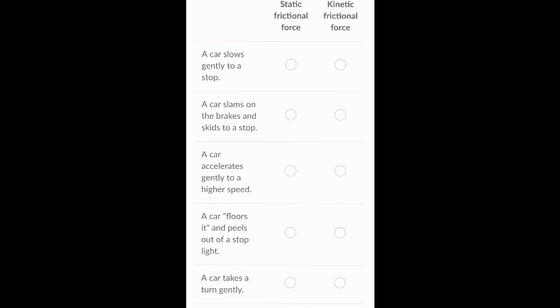Third, a car accelerates gently to a higher speed. Fourth, a car floors it and peels out of a stoplight. Fifth, a car takes a turn gently. Think of and write the answer.